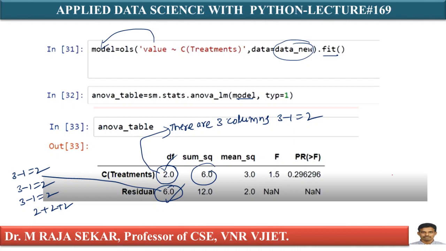What is this 6.0? That 6.0 is SSB. I already discussed how to calculate SSB in lecture number 167. What is the meaning of SSB? Sum of squares between columns.